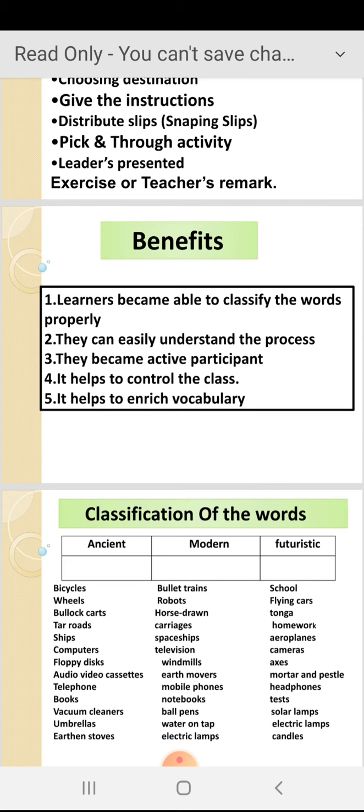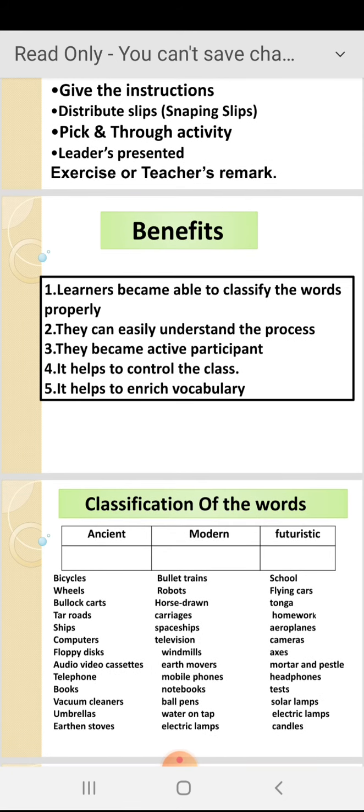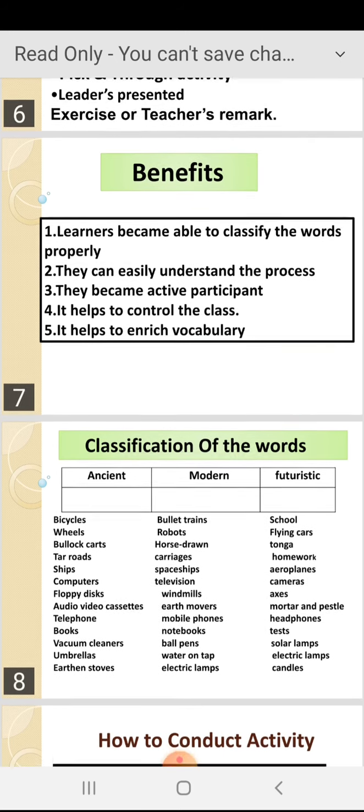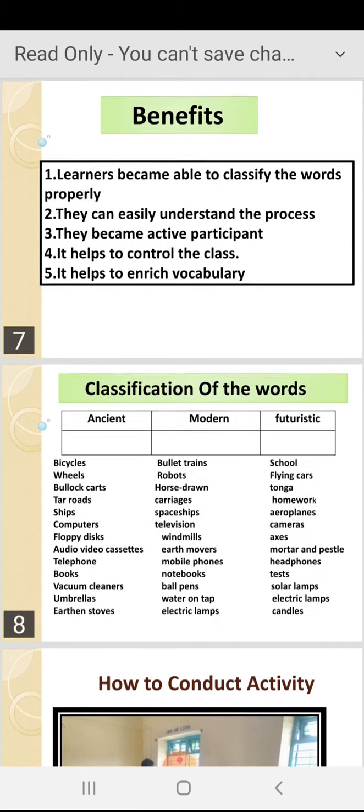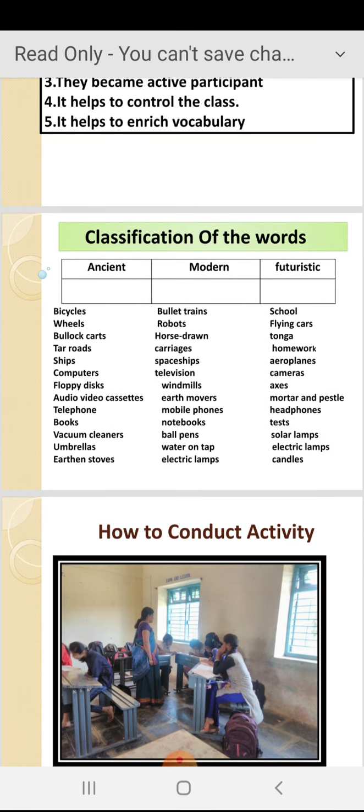Also, it is a very enjoyable activity, so it will engage all the students and it will help to control the class, and also it will help to enrich the vocabulary because students will come to know so many words here, and because of this they can enrich their vocabulary.